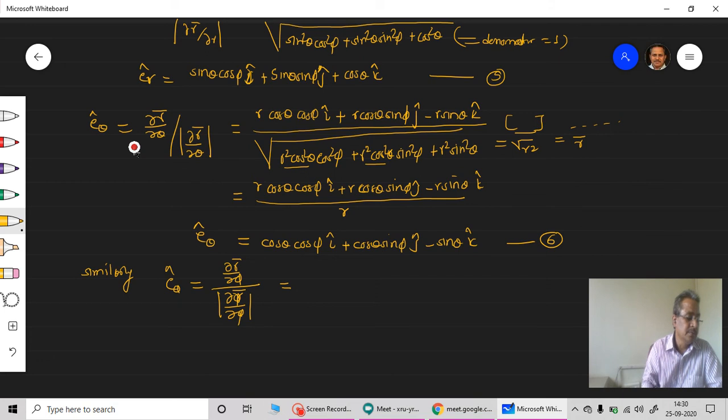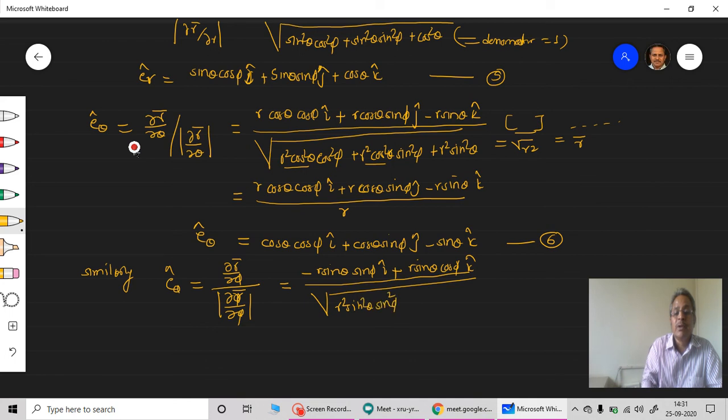So we get this again: delta r bar upon delta phi is minus r sin theta sin phi into i cap, there are only 2 components, plus r sin theta cos phi into k cap, that is equation number 4 we have to take, divided by, now making the square of this, again this square will be positive, so it is r square sin square theta sin square phi plus r square sin square theta cos square phi.